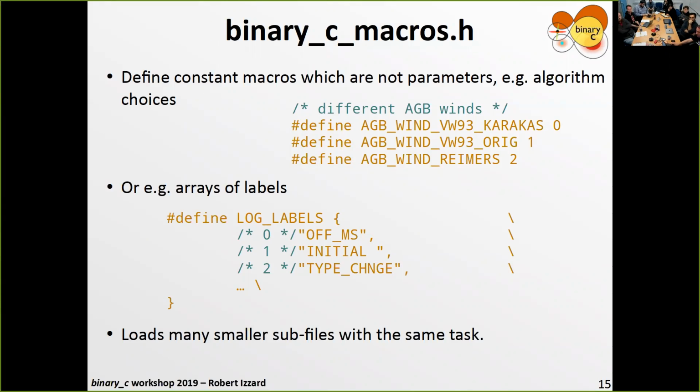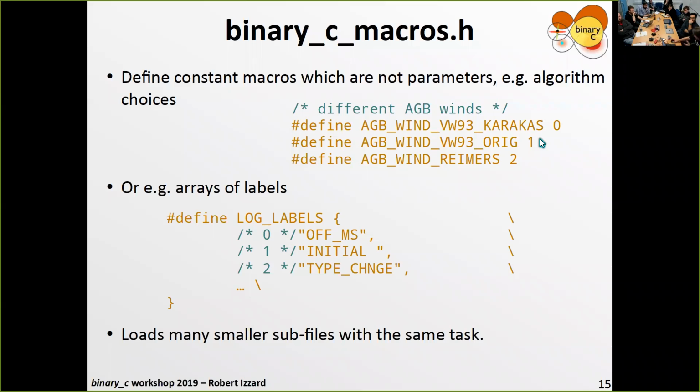Binary C macros is good. That's a very useful one. Here you just define constant macros. So again, it's these magic numbers like these here. So for example, when you're choosing your AGB wind prescription, you can choose. You can either do it by choosing a number, 0, 1, or 2, or 3 or 4. There's actually 8 of them. Or you can set them to be this macro, which is far more readable.